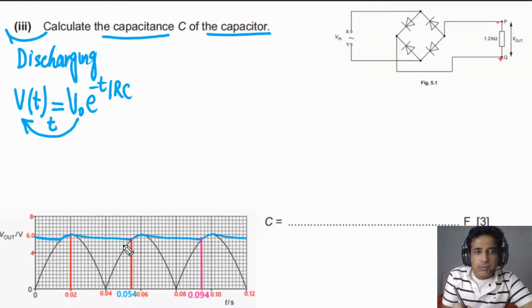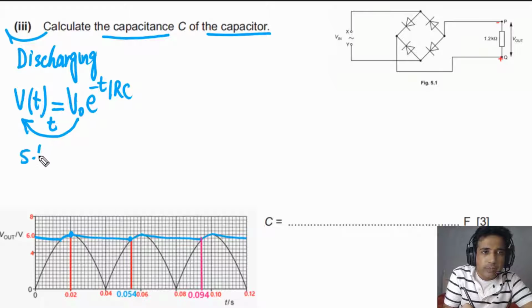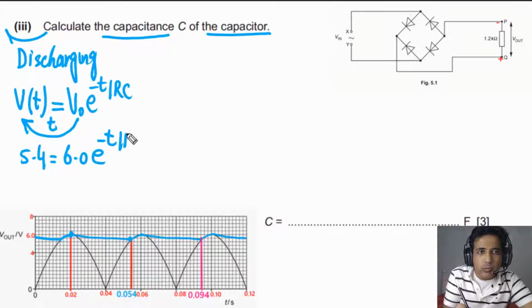In this case, we have peak value that is 6.0, and after time t, we have value of V that is equal to 5.4. So simply we can write down here we have 5.4 after a certain period of time, and the peak value we have that is 6.0 times e to the power of minus t over RC.